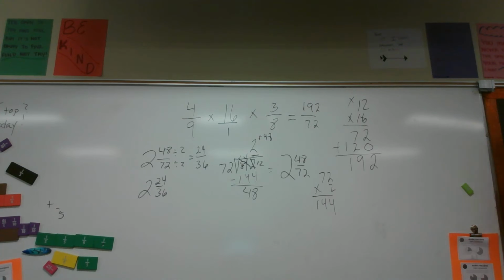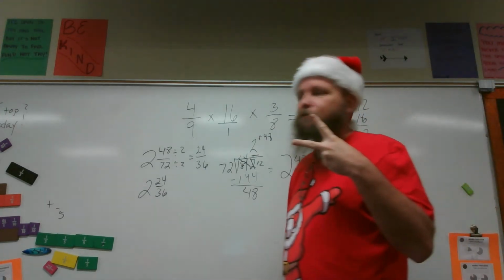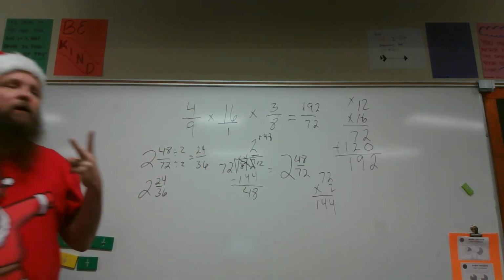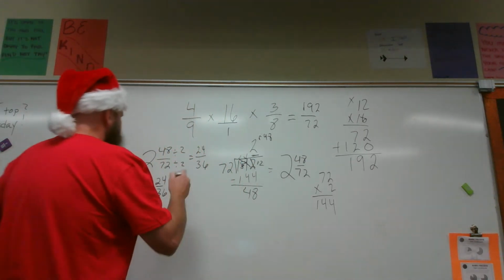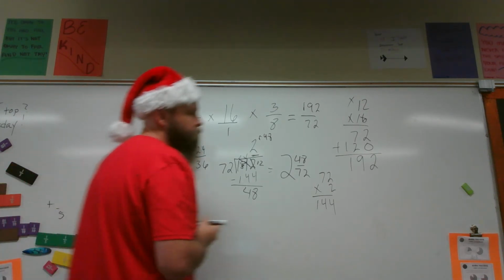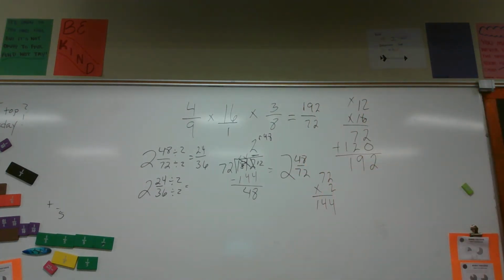So that means I can divide it by what, Hannah? 2. Every even number can be divided by 2 evenly. So now I'm going to divide by 2. Hannah, what is 24 divided by 2? What's half of 24?